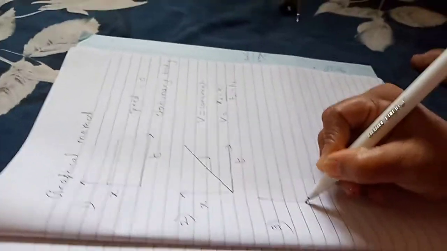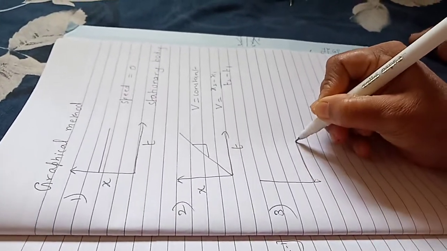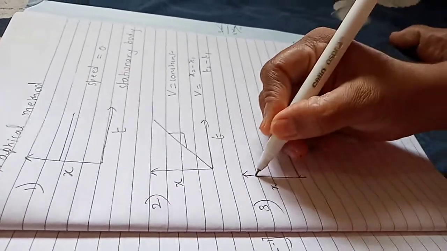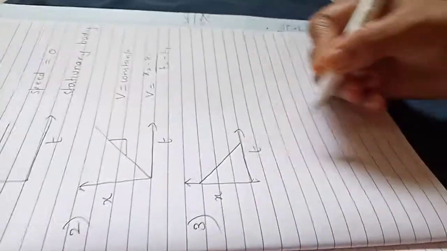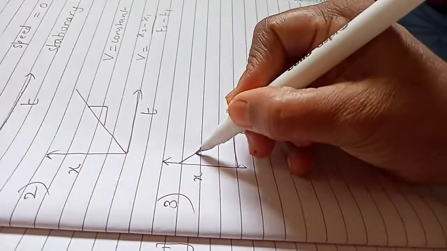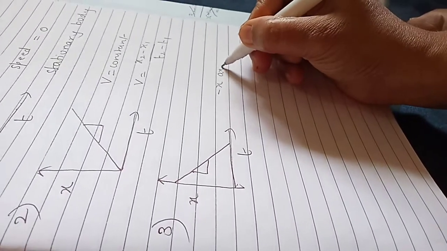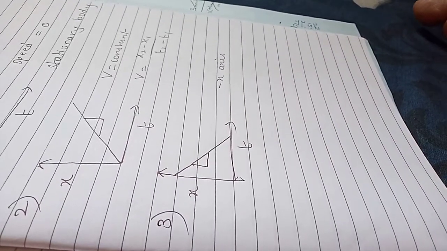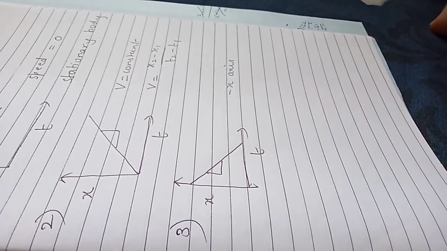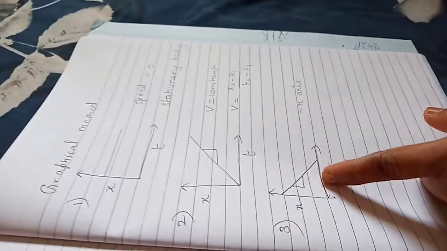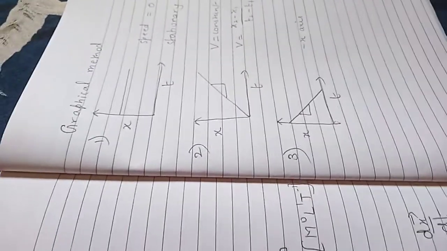Next, when you plot a graph of x versus t and you get a graph like this, it shows that the body is moving along the negative x-axis. Means the velocity is decreasing with respect to time.